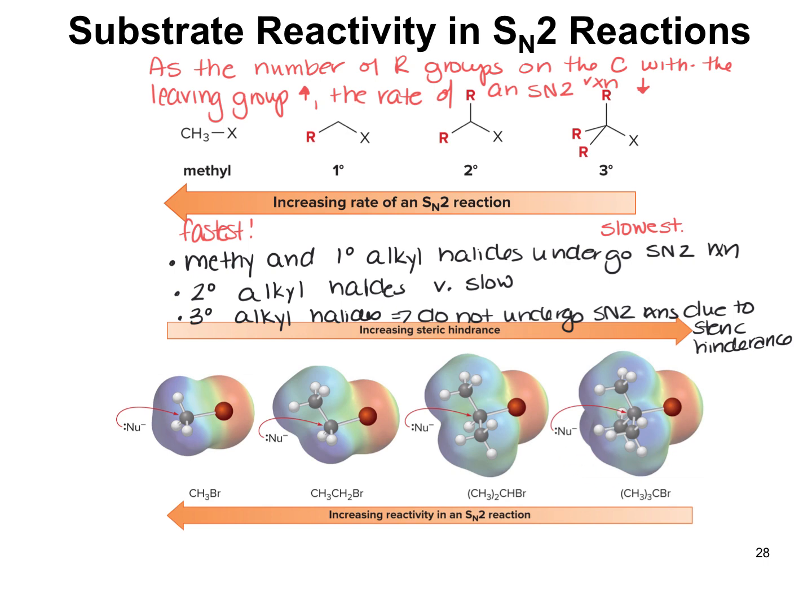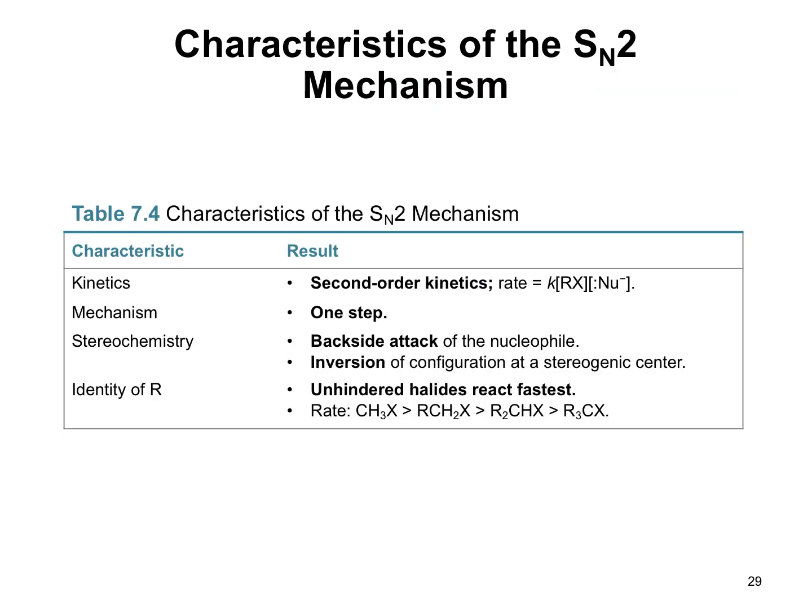Now, I love good summaries. This is a beautiful summary here of SN2 mechanisms. So when we have an SN2 mechanism, the kinetics are second order kinetics, and that's a generic rate law. And we did an example of a specific rate law in this screencast as well. This mechanism is a one-step mechanism.